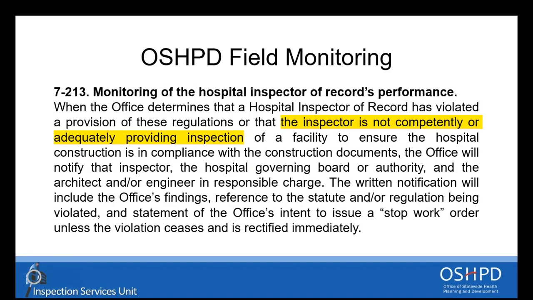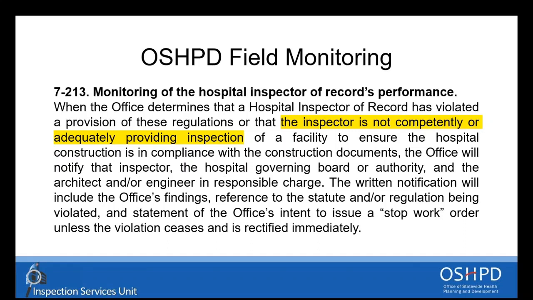Also, monitoring of the inspector's record performance, per 7213, is the responsibility of OSHPD field staff, and that's why I show the first 8 items that are noted in the IOR's performance of duties form at the end of the project or the 12-month period.